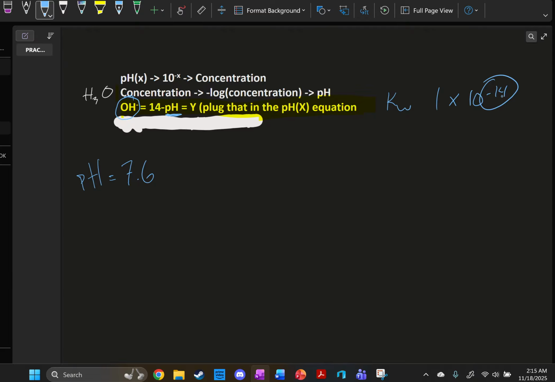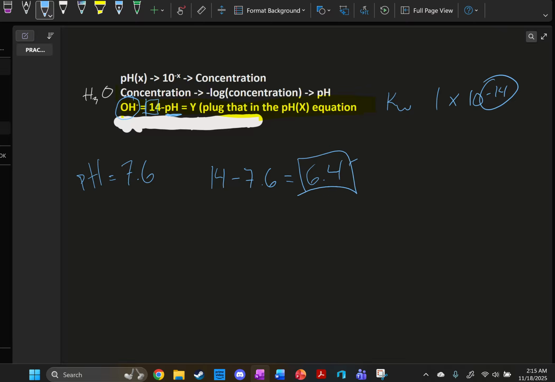That number's key, so that's where that 14 comes from in this. So we're going to do 14 minus, and it has to be in this order, 7.6. Now, as you can see, it's late, I'm tired, I'm never going to trust myself to just do that in my brain. 14 minus 7.6 is 6.4.